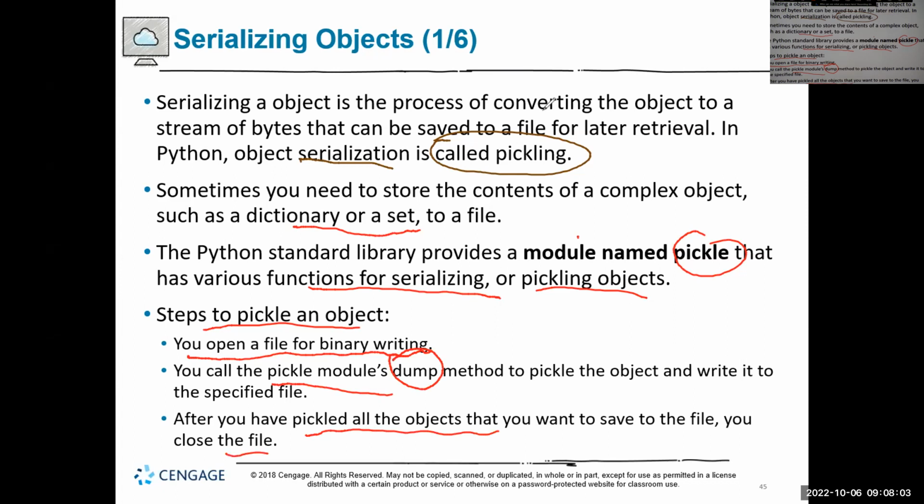It's the same as when you want to write a file, but the only difference is that here you have to use the dump method, which is already included in the module named pickle. So basically you just import the module and call the method of the module.